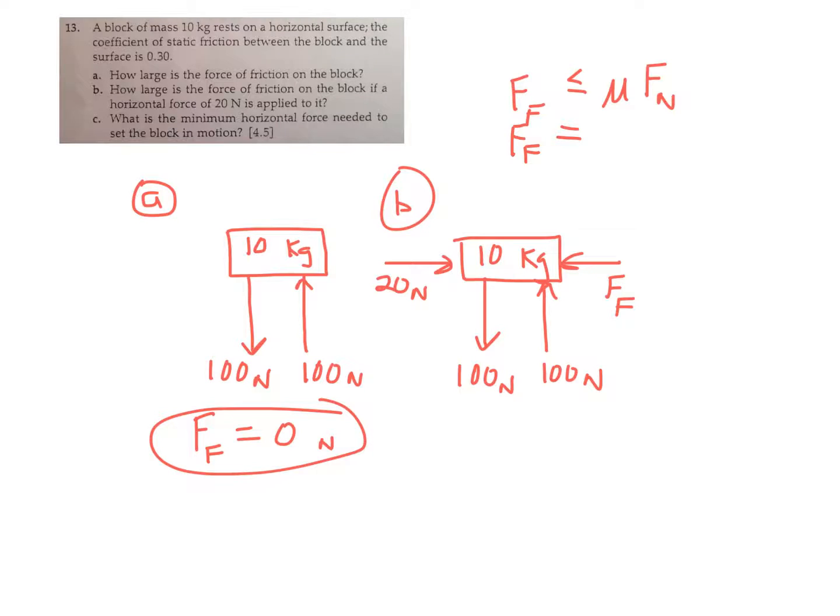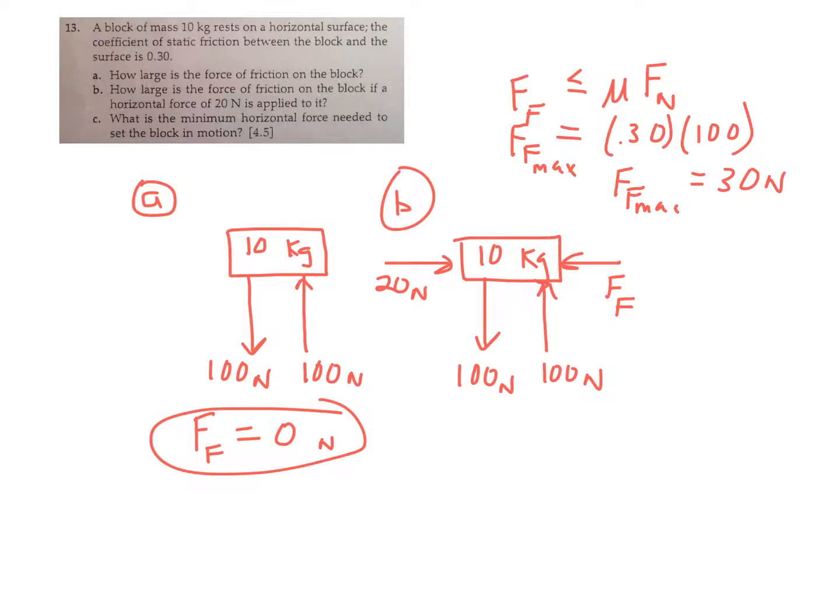Friction can be less than its max, but its maximum is when you make this a straight up equal sign, equals mu, which is 0.30 times the normal force, which we've rounded off to 100. So the maximum static frictional force we can have here is 30 newtons.